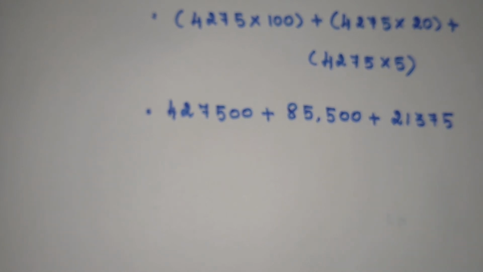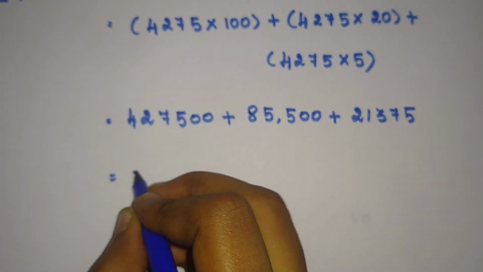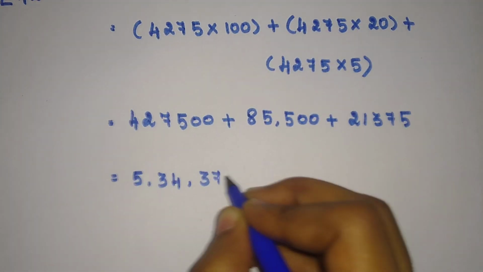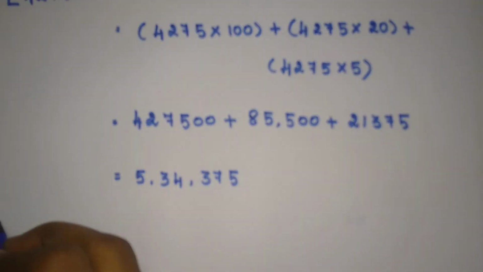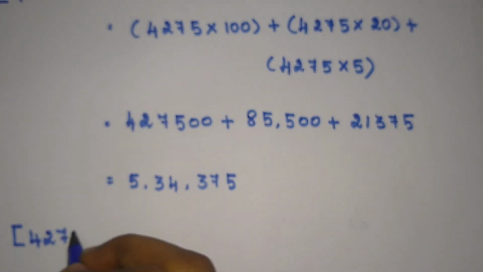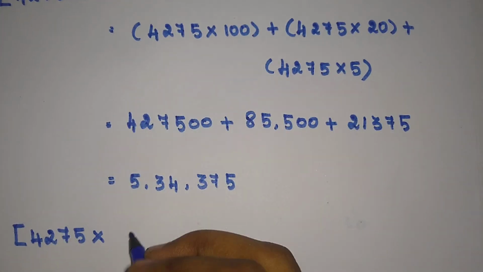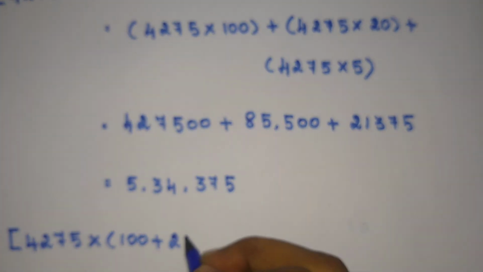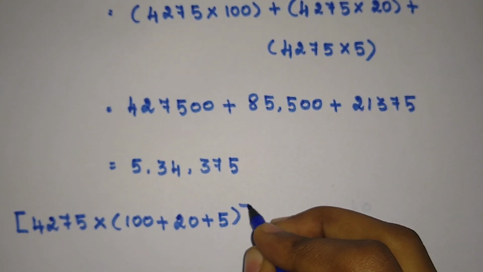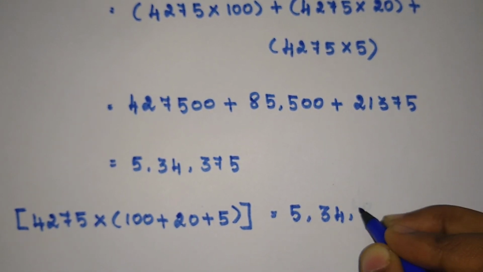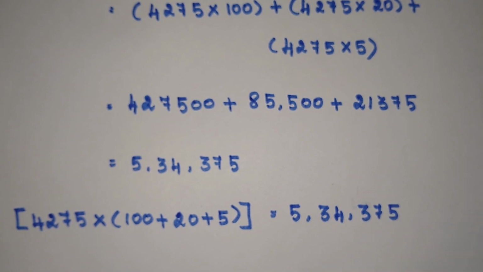We get 5,34,375. This is the answer. So therefore 4275 into (100 plus 20 plus 5) equals 5,34,375. This is the answer.